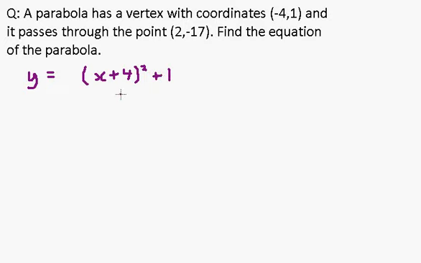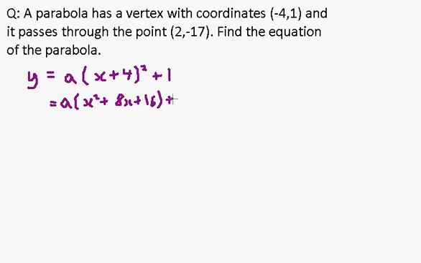Okay? Now, this isn't quite right yet. I don't know whether the parabola has been stretched or if it has been squeezed inwards, so I'm going to have to put an a on the front just in case. So I'm going to multiply out this bracket. So y is equal to a, I'm going to leave a outside for the time being, (x squared plus 8x plus 16).